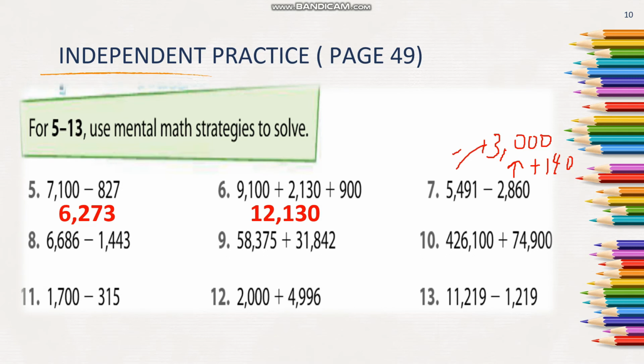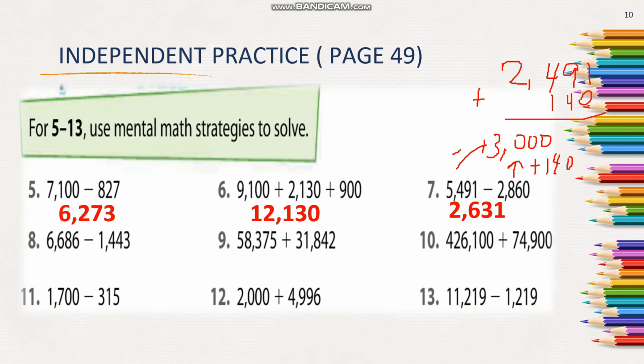So the answer is 2,491. So since I added 140 to 2,860, I need to add again 140 in order to get the final answer. So if I add 2,491 plus 140, the answer is 2,631. So that is the compensation method.